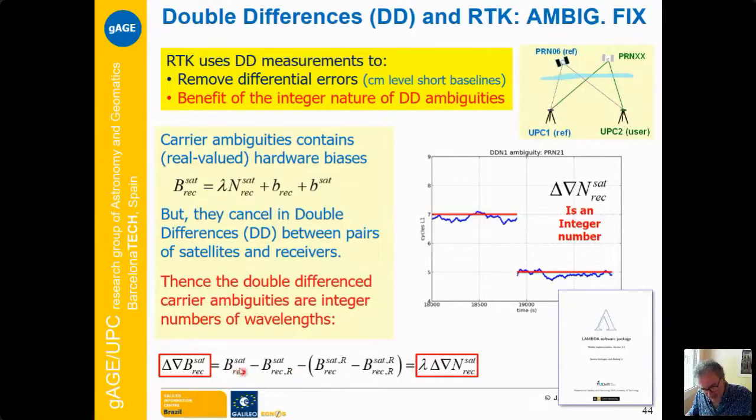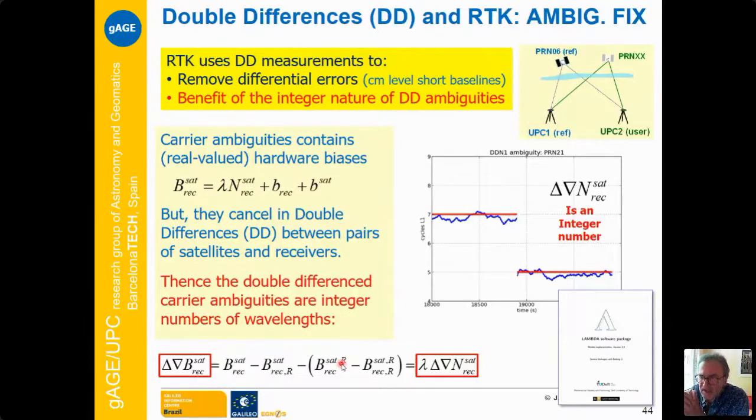For a given satellite, we take differences between receiver and reference receiver. For the same receiver and reference receiver, we take differences between satellites. At the end, we take differences between pairs of receivers and pairs of satellites.